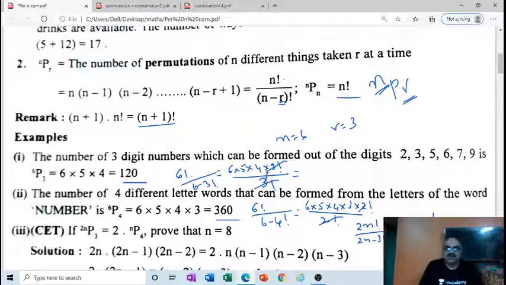I am trying to put the formulas together. 2n factorial by 2n minus 3 factorial equals 2 into n factorial by n minus 4 factorial.